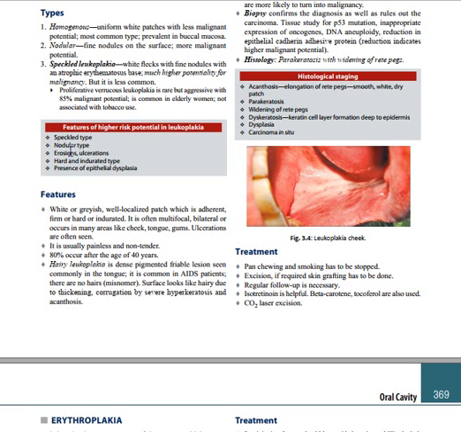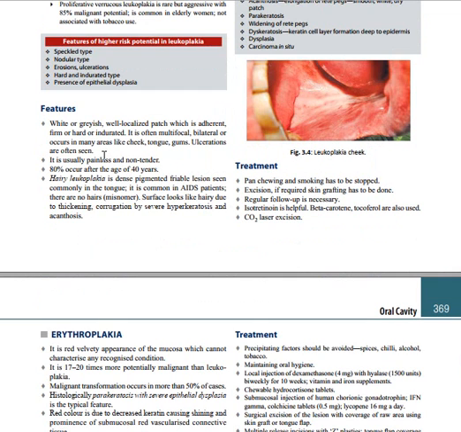Is it clear? Now we have the hard and indurated type, which can also be seen clinically. Indurated just means hard. When it's rough, it's said to be indurated. So epithelial dysplasia is also said to be a feature of leukoplakia.